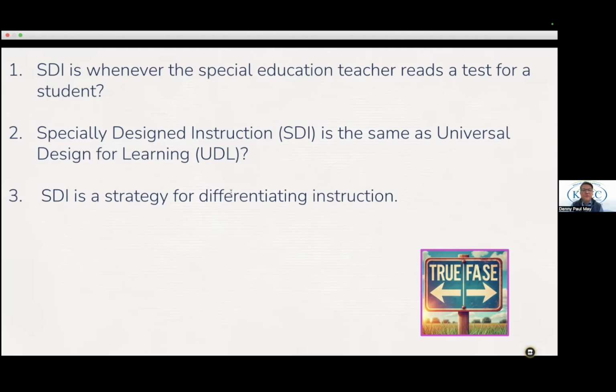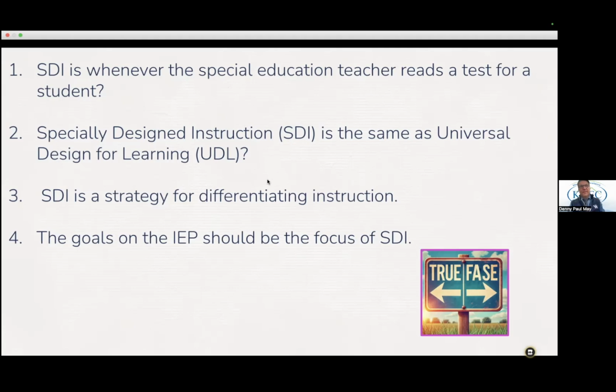You can unmute if you'd like and just say it. I'm going to say it's false. Even though there are elements of differentiation in specially designed instruction, it is not, in a sense, specially designed instruction.